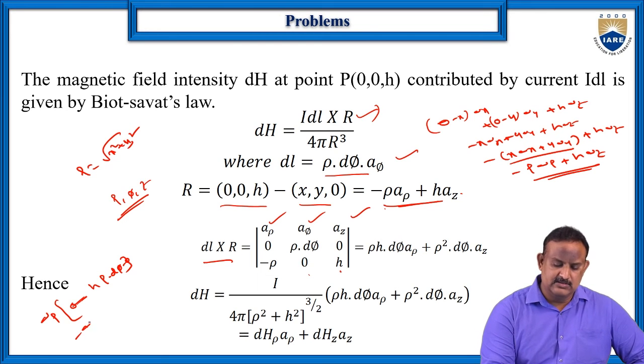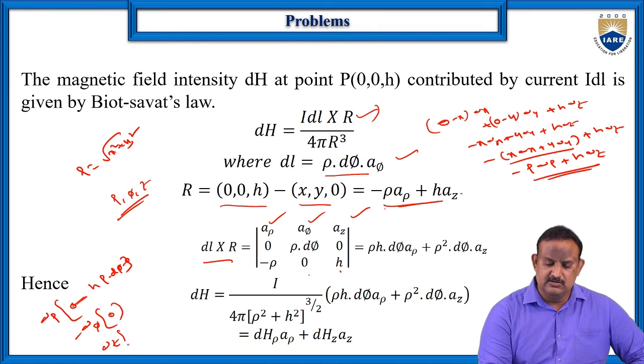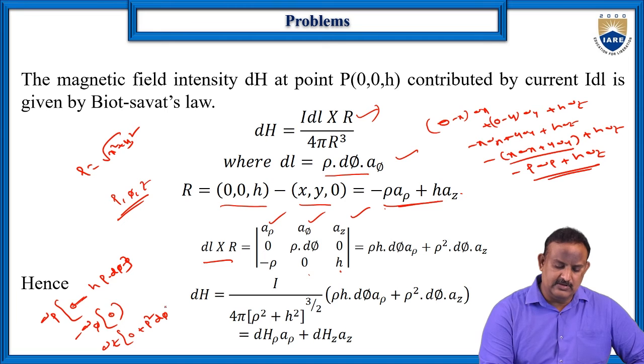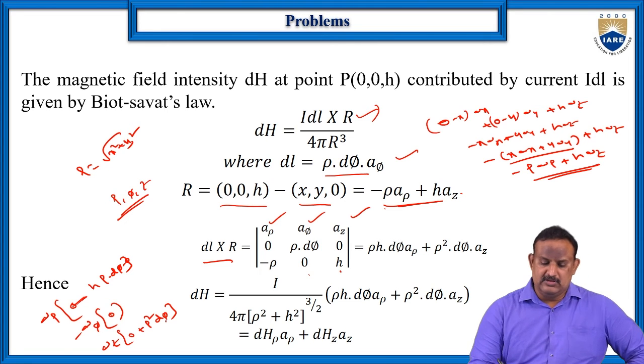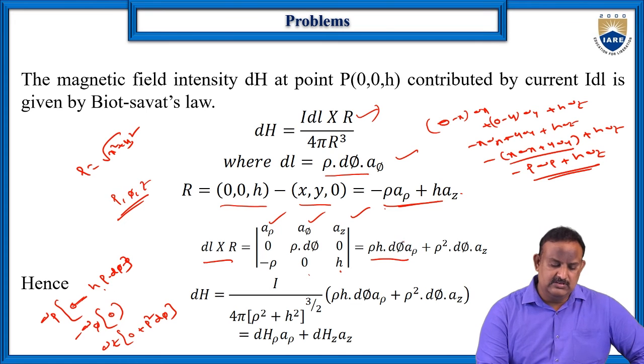The third one is a z into (0 minus z), therefore plus rho square d phi. Therefore we have rho h d phi a rho plus rho square d phi a z.